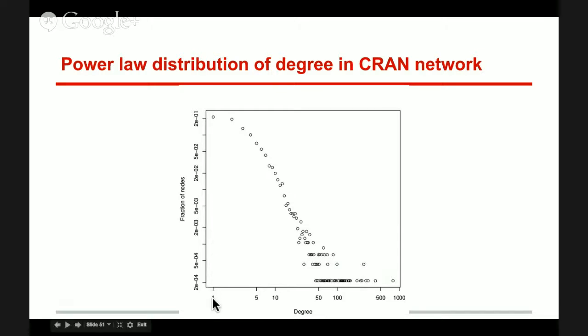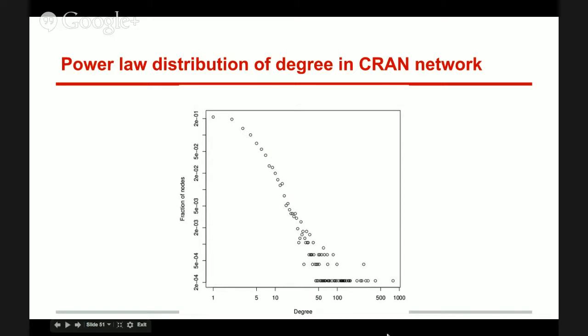For example, for nodes with just 1 degree, it is 20%, right? 20% of the nodes just have 1 degree. I need to emphasize that both the X and Y axes are log scale. Okay, and after you plot these graphs, you can see some kind of a straight line, right? You can fit a straight line here.